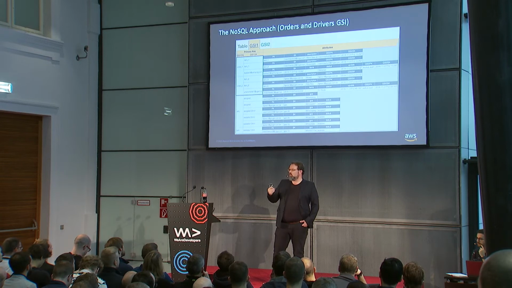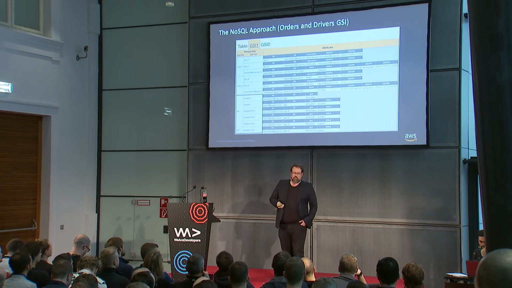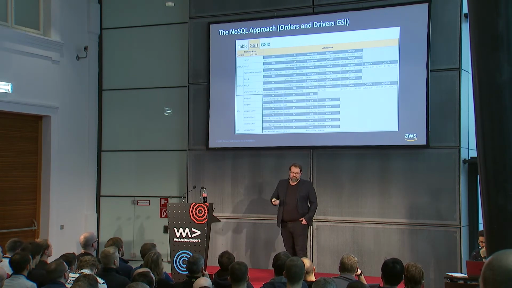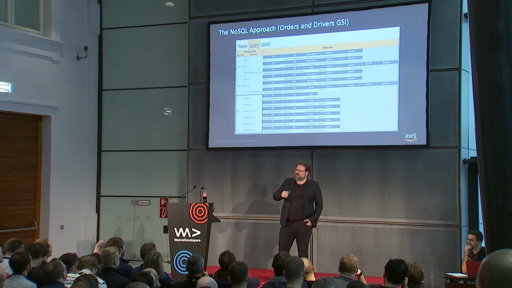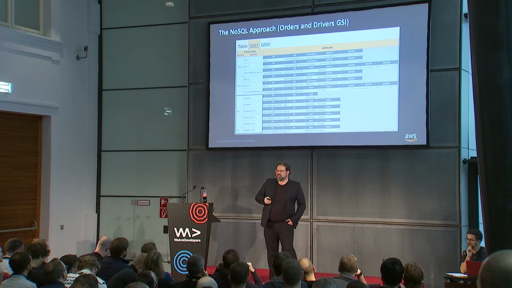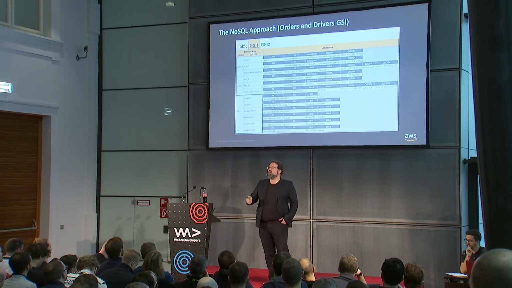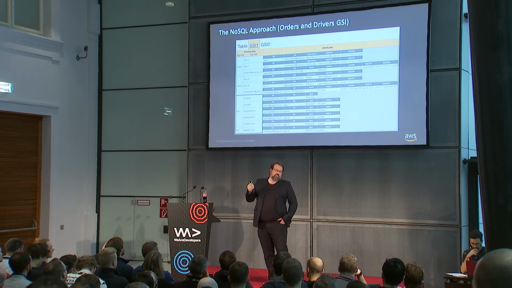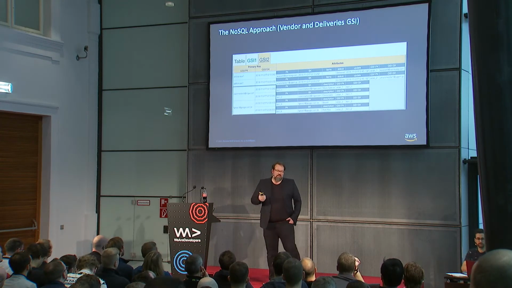Just one lookup, order ID, and I get everything in one result. It can go on and on in here to look at things at different angles. If I need to see which drivers are currently in that region, if I want to deliver something, I query by geographic coordinates. And I can go on and on in here.